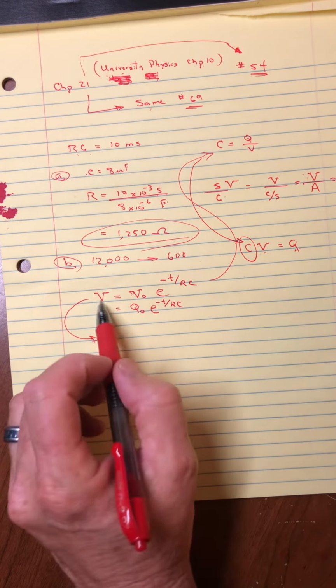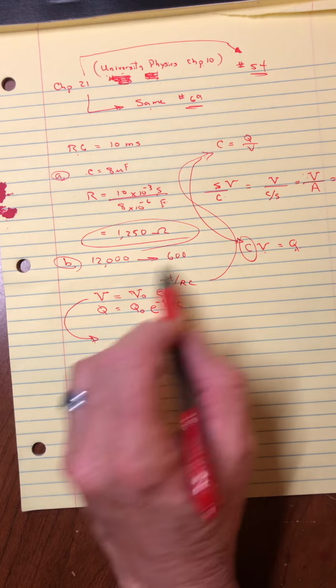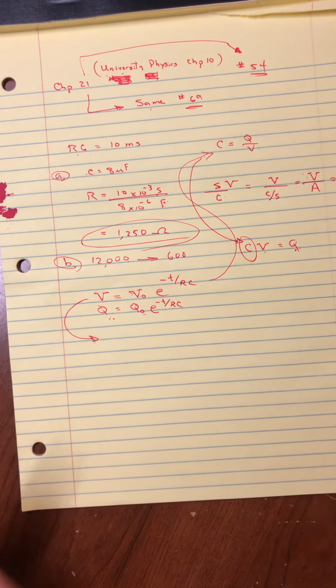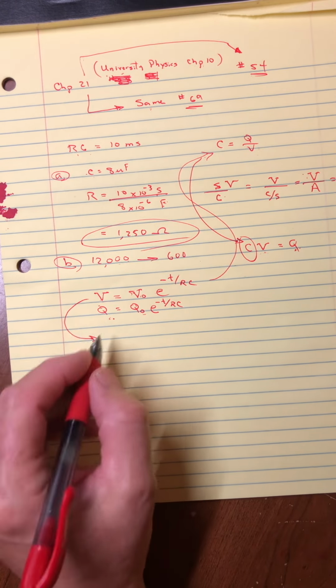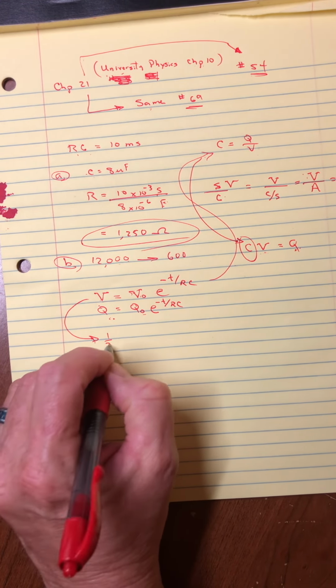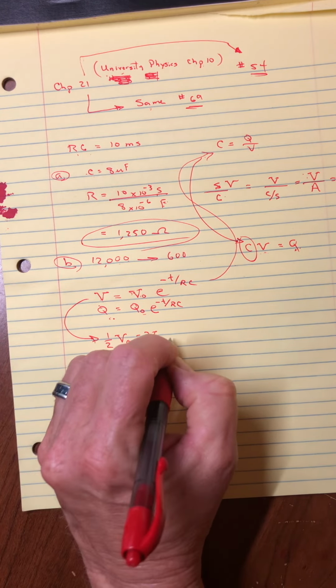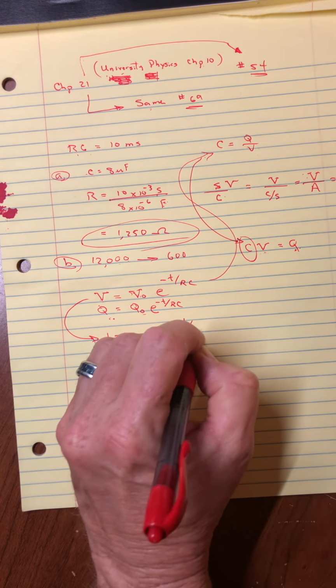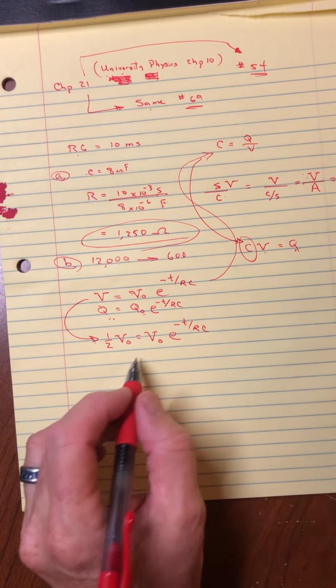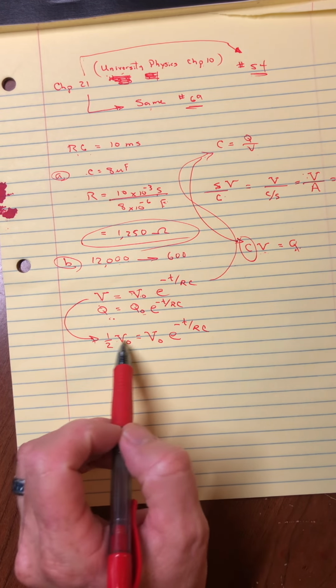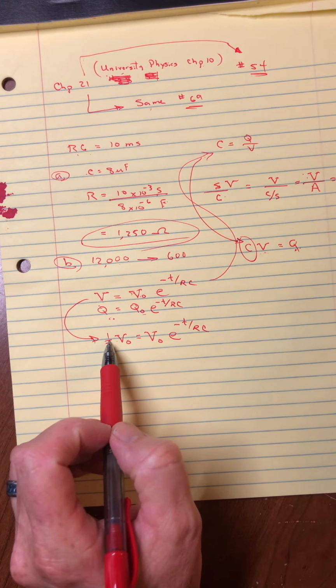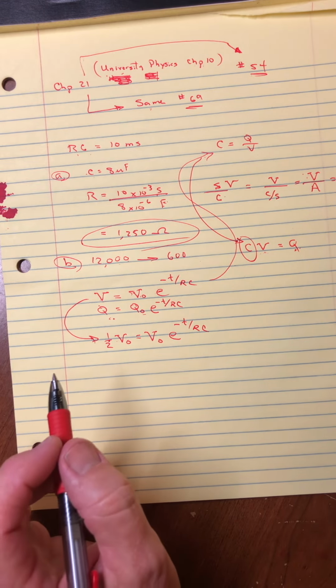So you can say how long does it take for the voltage to decay to half, or you could say how much time does it take for the charge to decay to 1/2. But either way, what you're going to have is 1/2 of the initial. Oh, whoa, my bad.